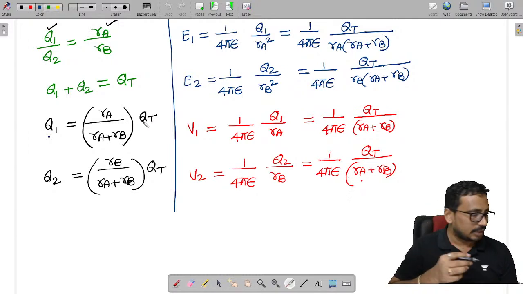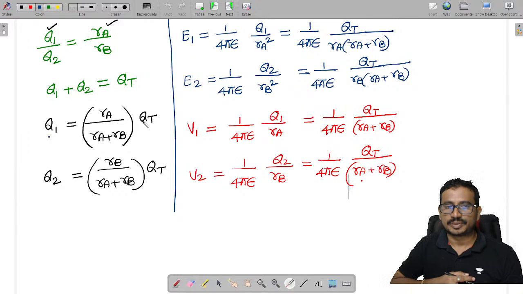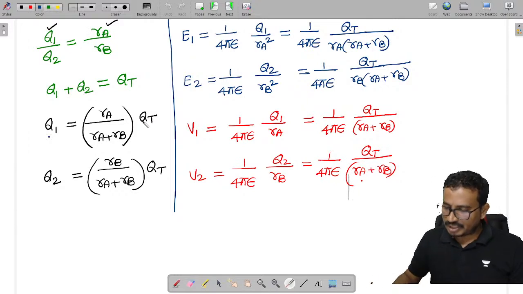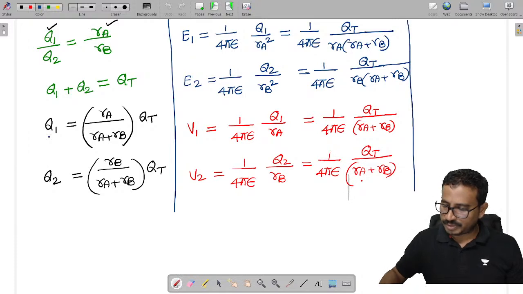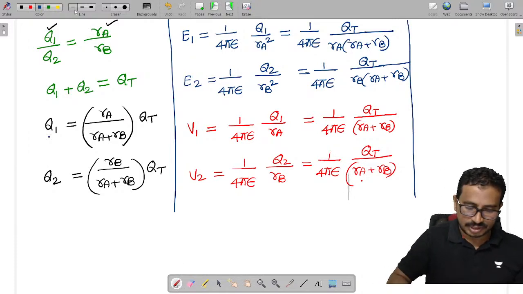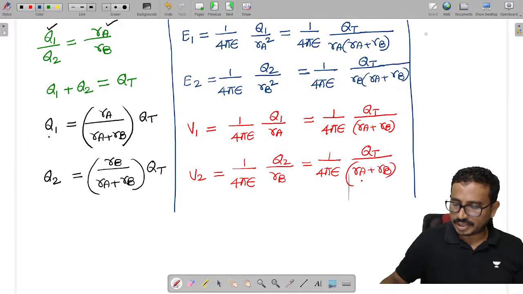Right. Now if you observe carefully, in the problem they have mentioned that RA is greater than RB.